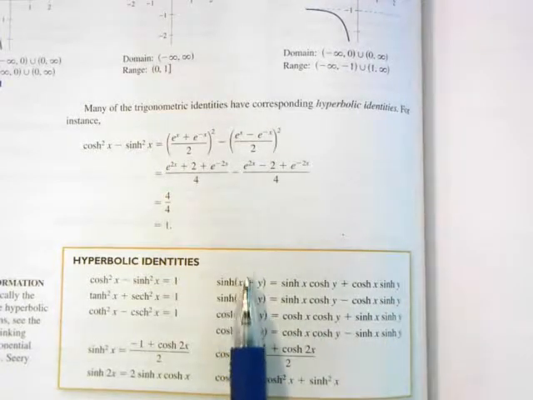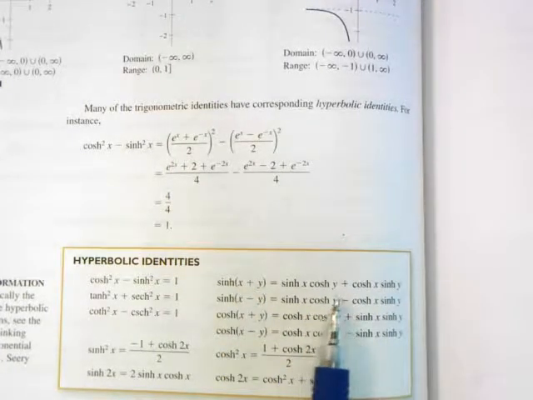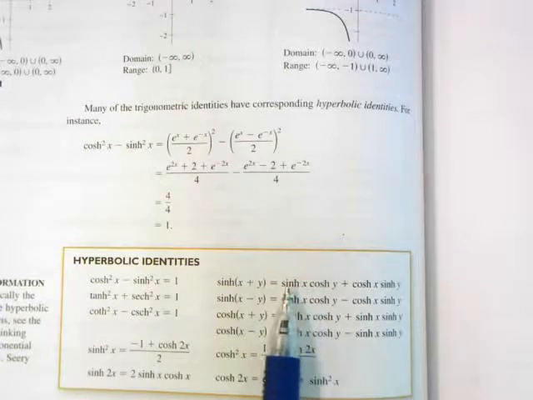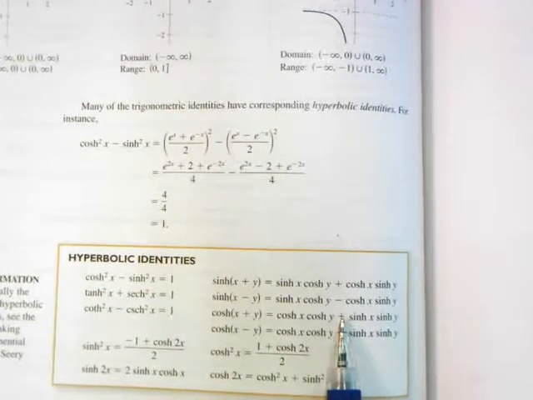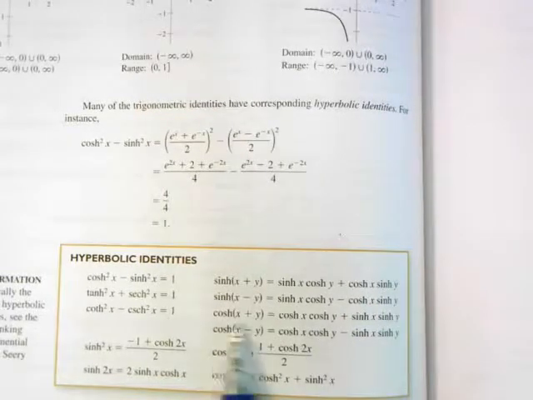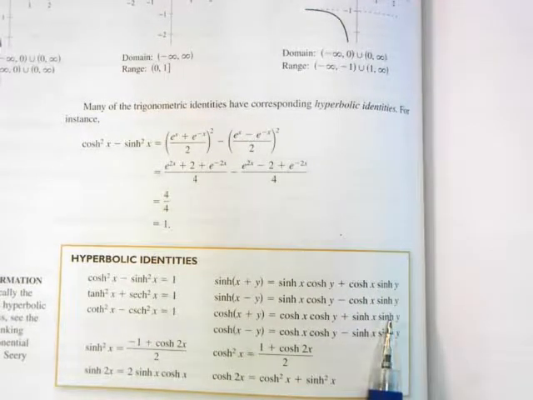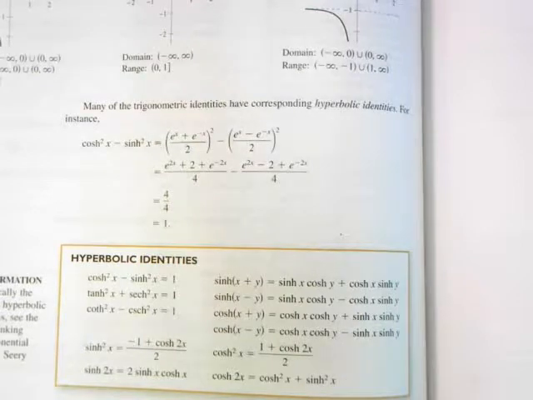So that formula is exact. The hyperbolic formula is exactly the same as the traditional trig formula. Same with the minus one. This one's different, however. Cosine of x plus y has a minus right there, but for the hyperbolics, it works out the same way. Start with a plus. Okay?